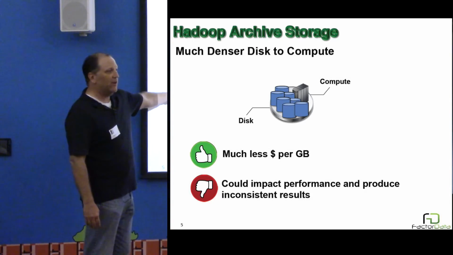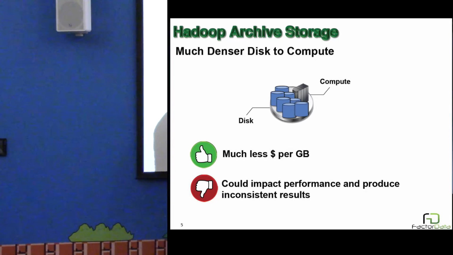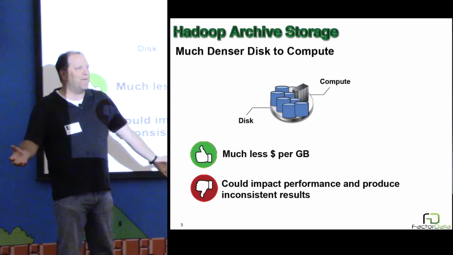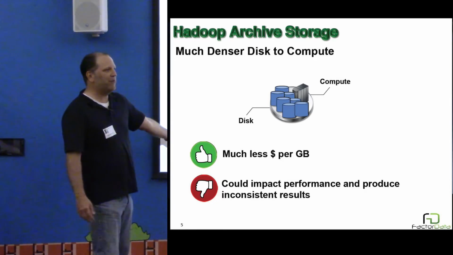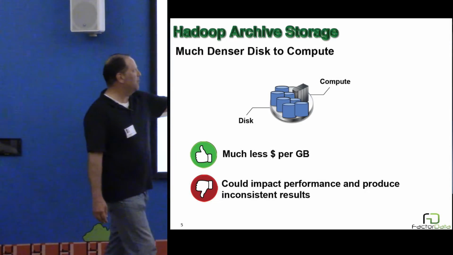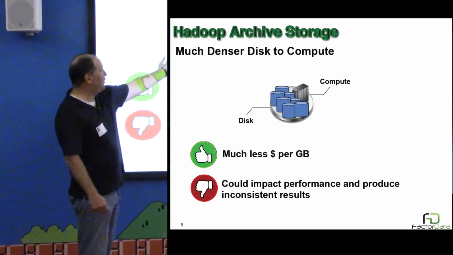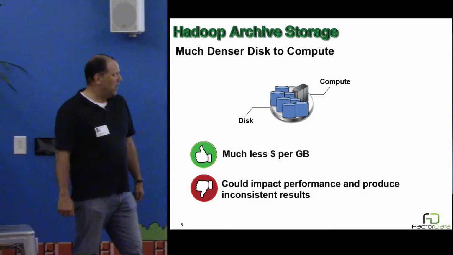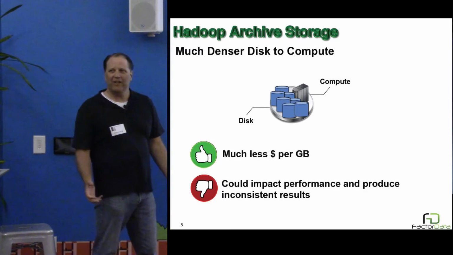I can get much lower storage cost per gigabyte if I just pile a bunch of disks on the compute node. But what do I worry about if I'm a Hadoop administrator or a Hadoop developer? I'm worried that my jobs will be inconsistent. It's completely transparent to HDFS, but if I start plugging in all these very dense nodes in my environment, I can get kind of inconsistent results.